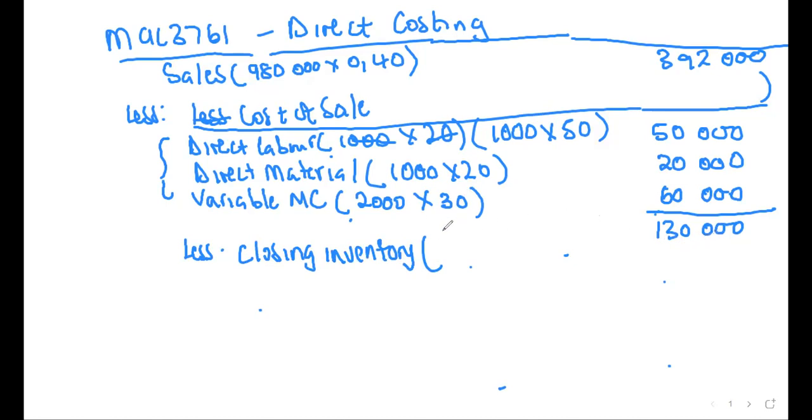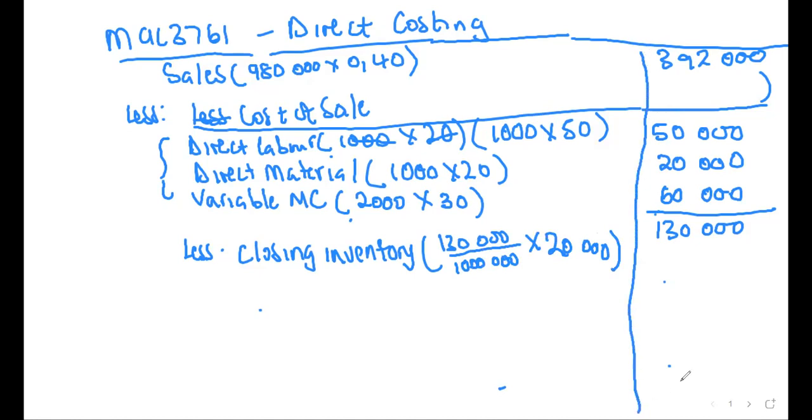So which means we are still going to say 130,000, which is the cost of manufacturing, over the number of units that were produced. It's 1 million, times the closing inventory is still the same, the 20,000. How much are we going to have there on closing inventory?